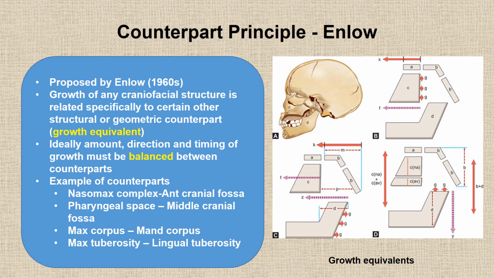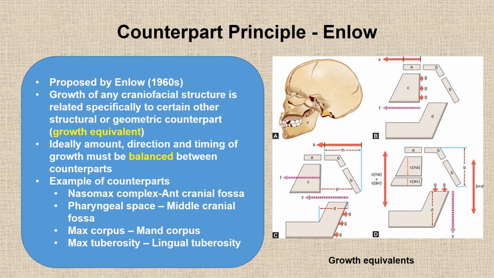Now, ideally, amount, direction, and timing of growth must be balanced between counterparts. Now, examples of counterparts are the nasomaxillary complex and the anterior cranial fossa, the pharyngeal space and the middle cranial fossa, the maxillary corpus and the mandibular corpus, the maxillary tuberosity and the lingual tuberosity.